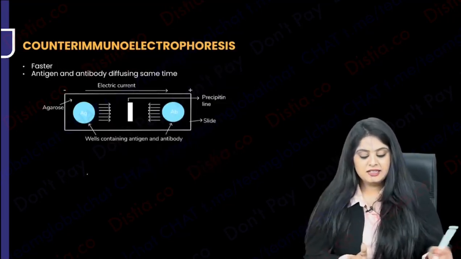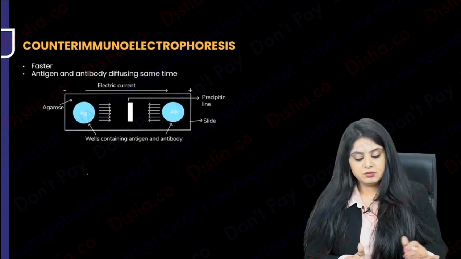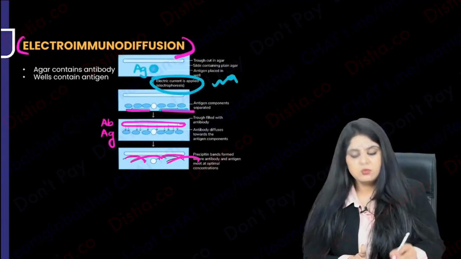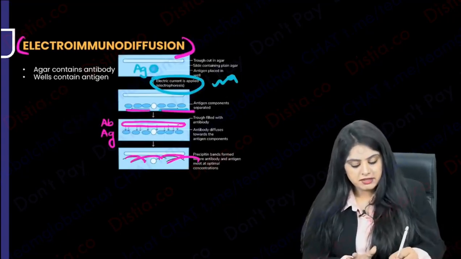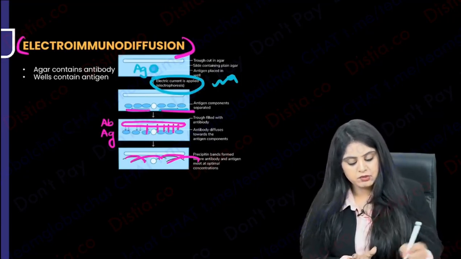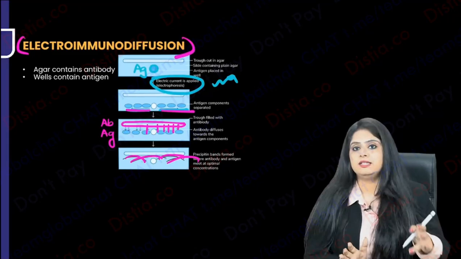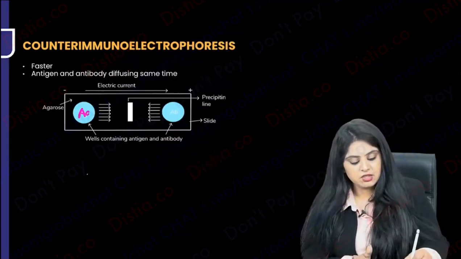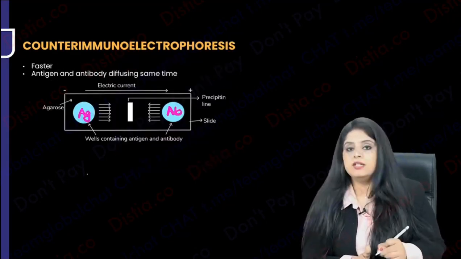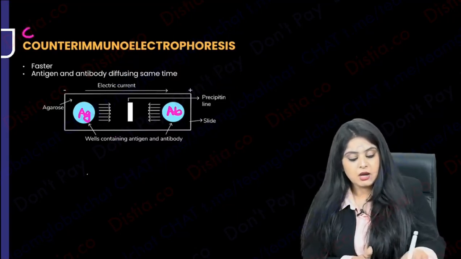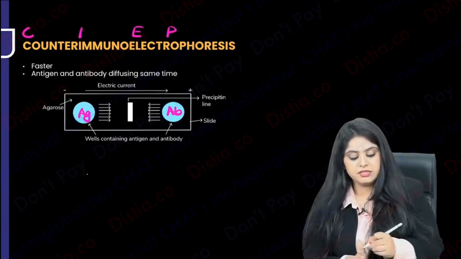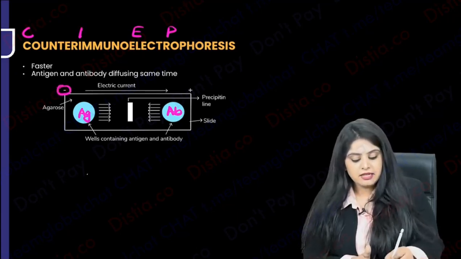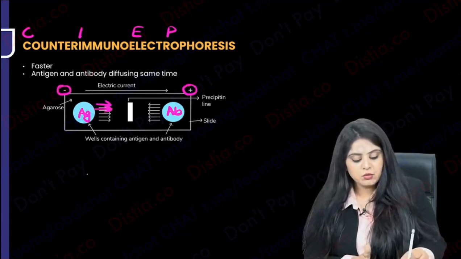Okay. In the previous one, only the antigen was being separated and only the antibody was moving. Now let's make both move. If I place an antigen here and an antibody here and do counter immunoelectrophoresis, I create an electric charge so that both start moving towards each other.